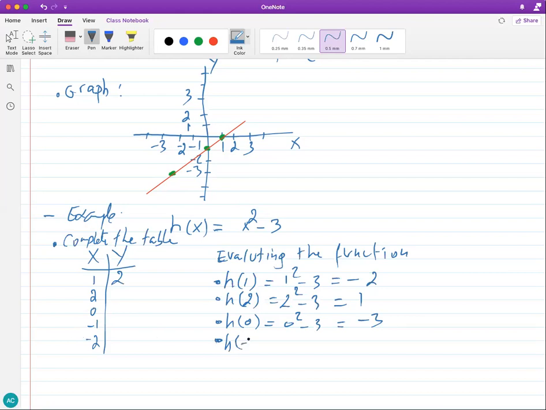And h of negative 1. Negative 1 to the second minus 3. Be careful here when you have a negative number and a second power, you've got to put that in parentheses. What is negative 1 to the second power? 1. So it's a positive number.